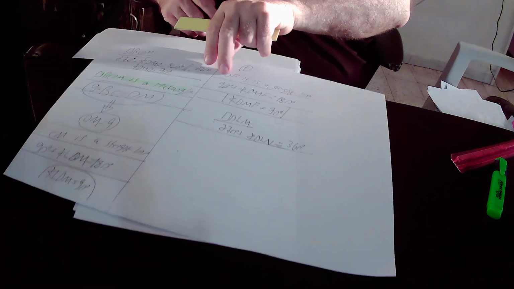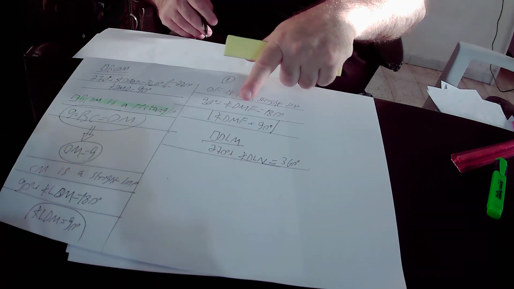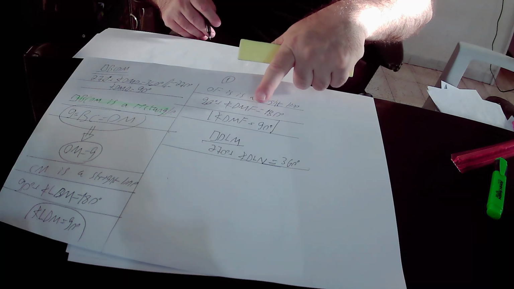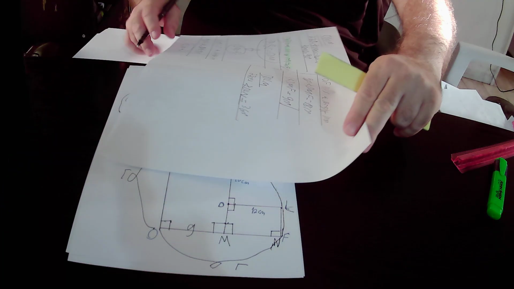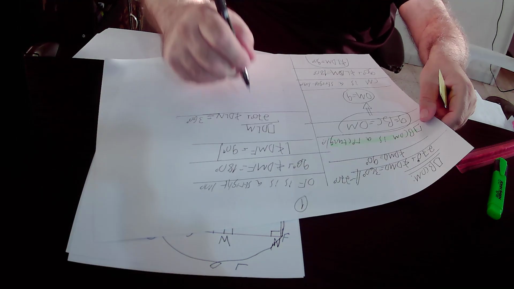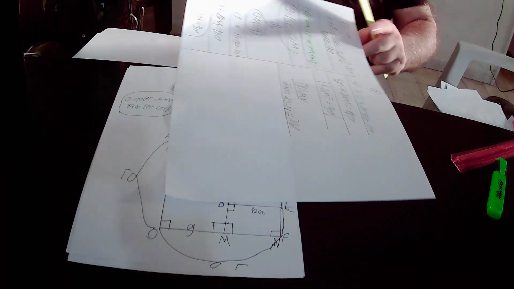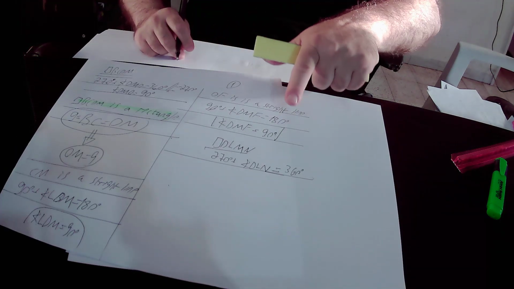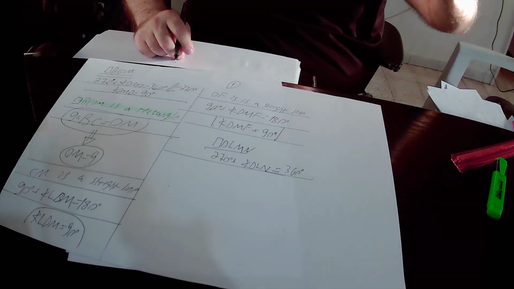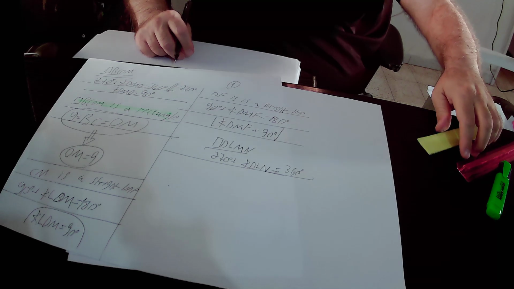Because again, the sum of the angles in quadrilateral DLMN must be equal to 360 degrees, this is to say 270 degrees plus angle DLN. In total, they must be equal to 360 degrees.